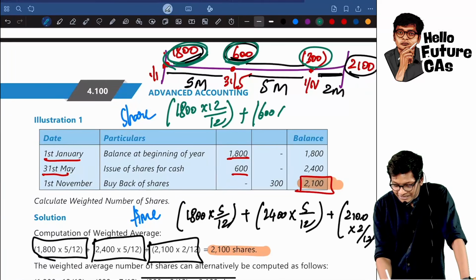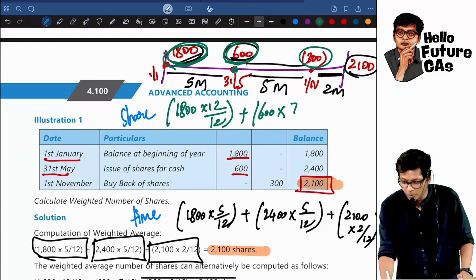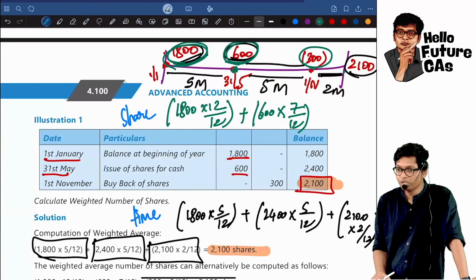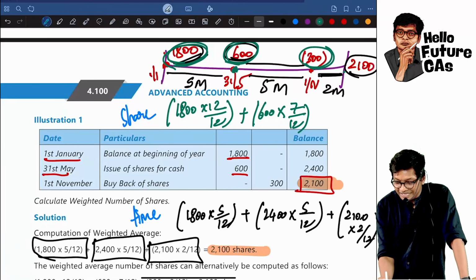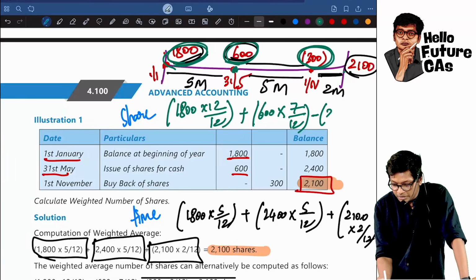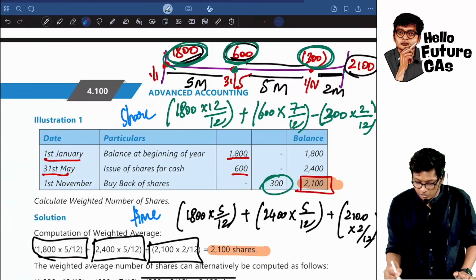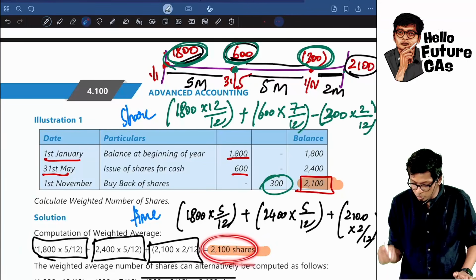This 600 is outstanding from 31st May till the end of the year. How many months? 7 by 12. And again during the end of the year, some shares left us, a buyback, minus, correct? 300 shares left us, minus 300 into 2 by 12.